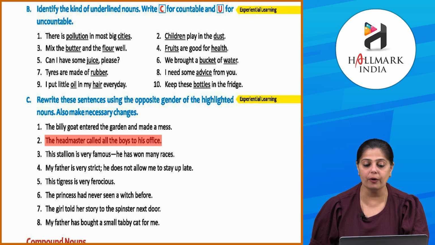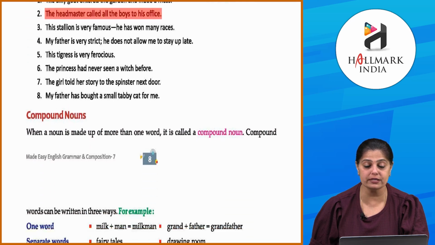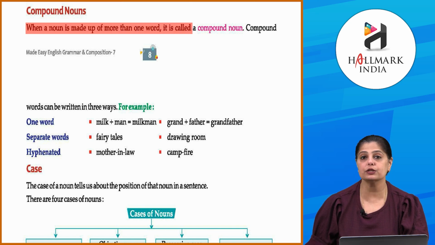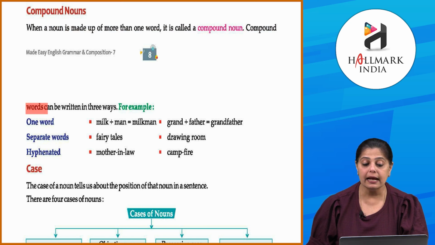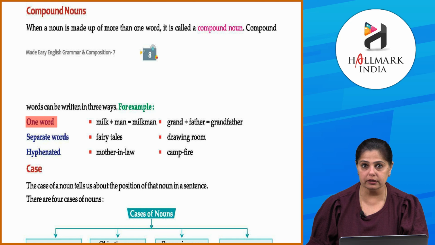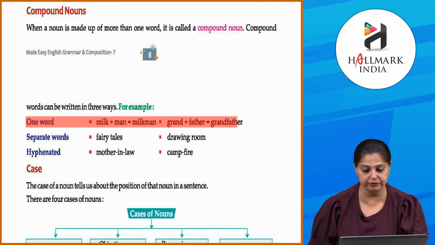Alright. So, now let's look at the next type of nouns. These are compound nouns. When a noun is made up of more than one word, it is called a compound noun. Now compound words can be written in 3 ways. For example, one word: milk plus man becomes milkman, grand plus father becomes grandfather.